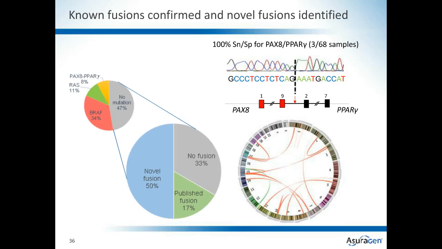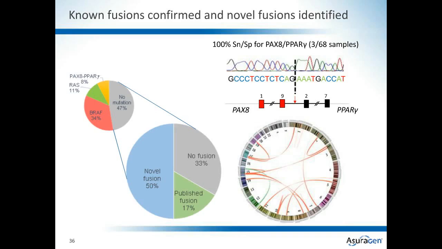Of that set, 17% of those fusions have been published either in thyroid cancer or another cancer type, but 50% of them were novel. And those novel fusions, the 3' genes in those fusions, are very well-known oncogenes and known driver genes in both thyroid cancer and other cancers, suggestive that many of those novel fusions are in fact driver fusions.